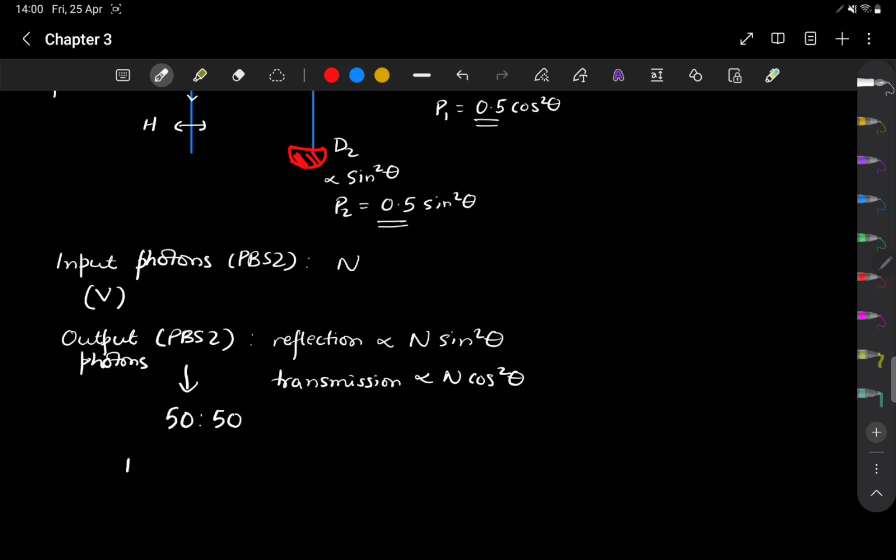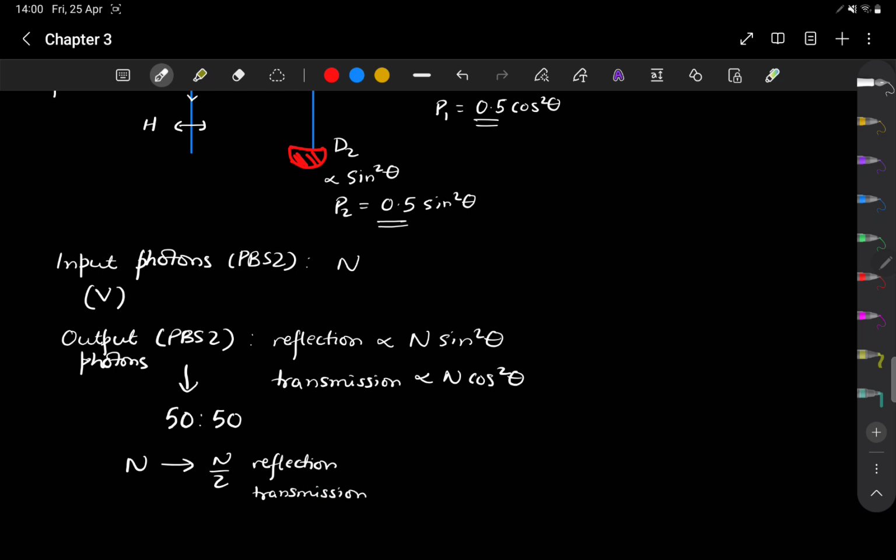So if the input is n, then n by 2 is in each of reflection and transmission.